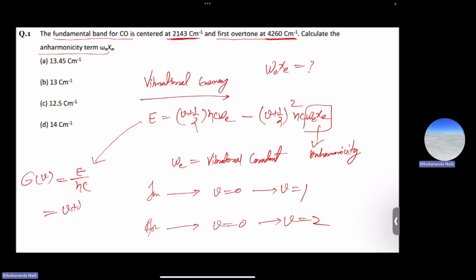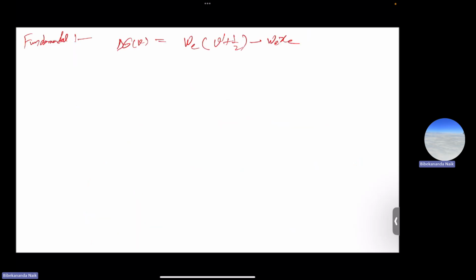It will be (v plus half) omega e minus (v plus half) square omega e xe. So we are using this formula here. Delta G will be omega e (v prime plus half) minus omega e xe (v prime plus half) square, then minus omega e (v plus half) plus omega e xe (v plus half) square.